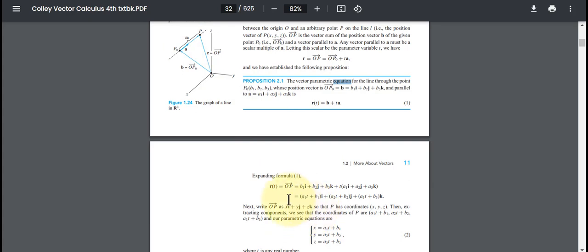We don't want to say x1 or something like that because that implies that it's fixed. We want to allow it to be any point on the line. So the point P has coordinates x, y, z.